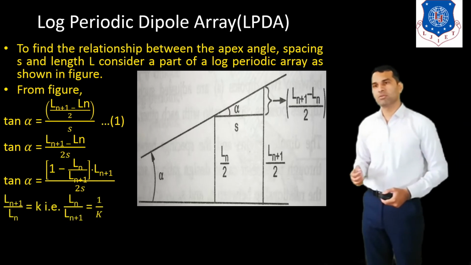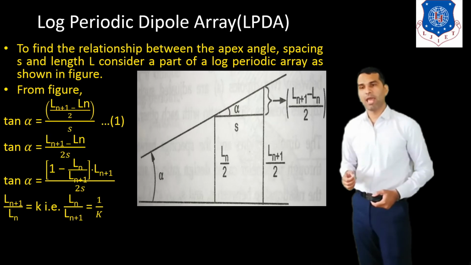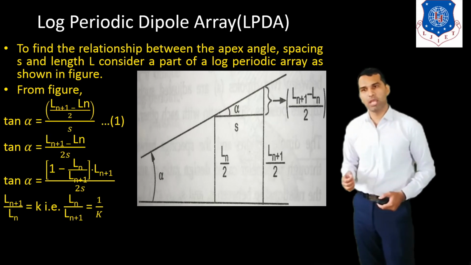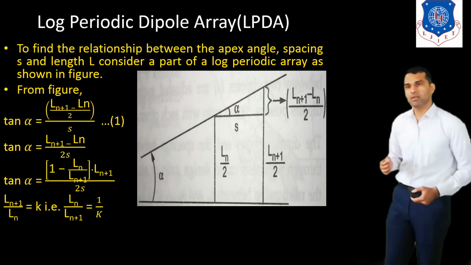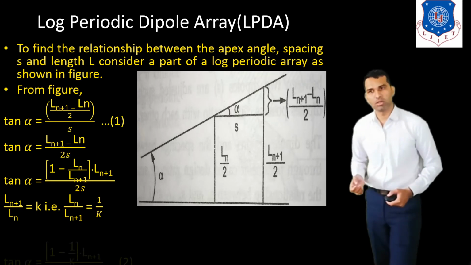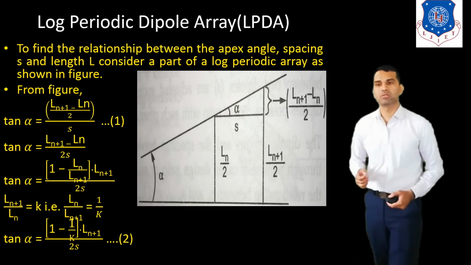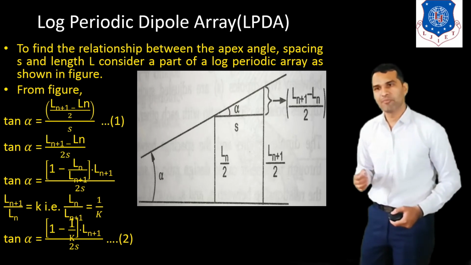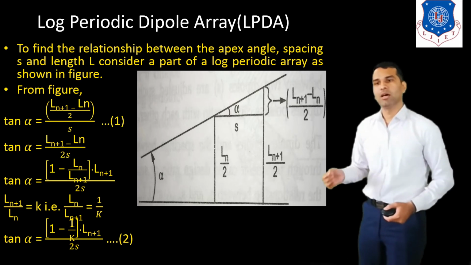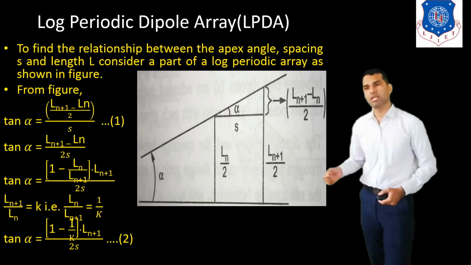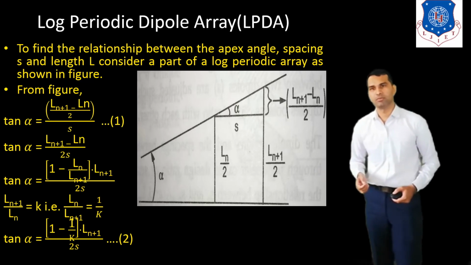Now we arrange this equation. We can write that L(n+1) upon Ln is equal to k, or we can also say Ln upon L(n+1) is equal to 1 upon k. Now we use this. So we can write that tan alpha is equal to (1 minus 1 upon k) into L(n+1) upon 2S. So this is the equation for tan alpha.